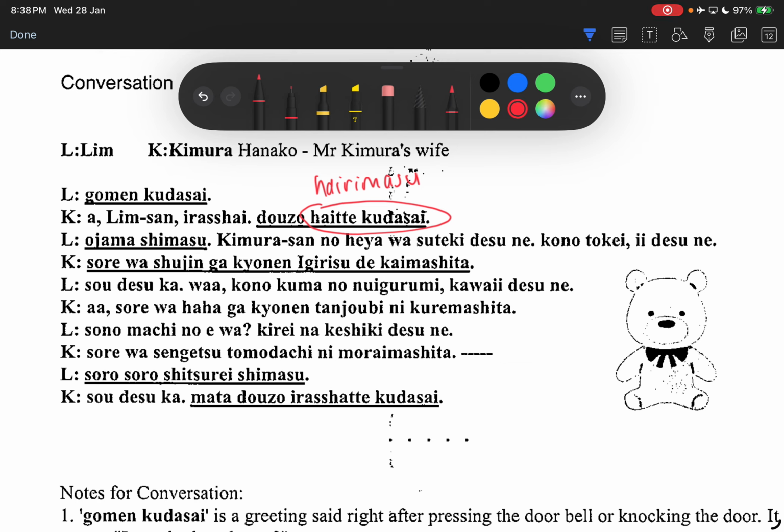So what about the husband? 去年 means last year. イギリスで, remember イギリス is a place. So our particle there simply means place of happening, place of action, where we did this action. So what is the action here? 買いました. So buy at イギリス. イギリス is England. So the whole translation becomes, oh that, my husband bought at England last year.